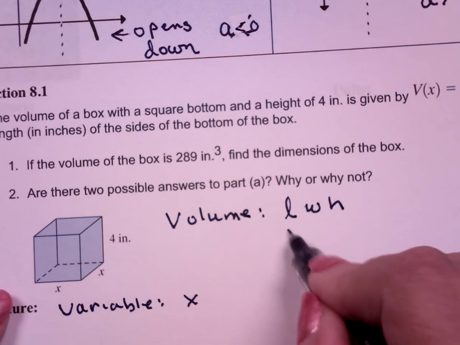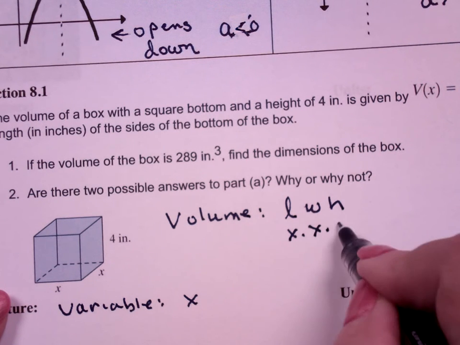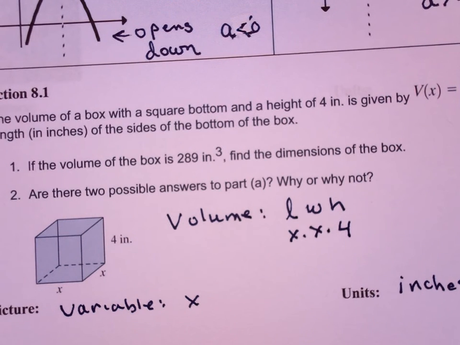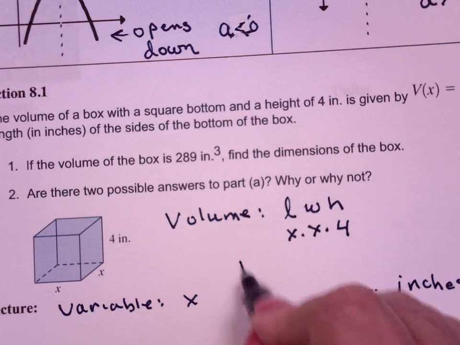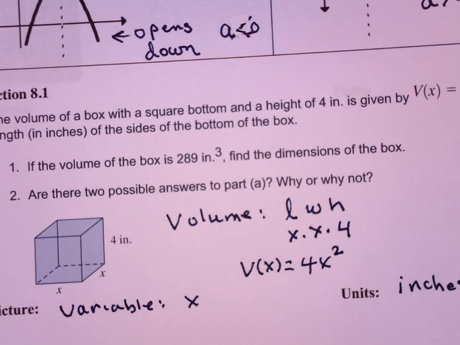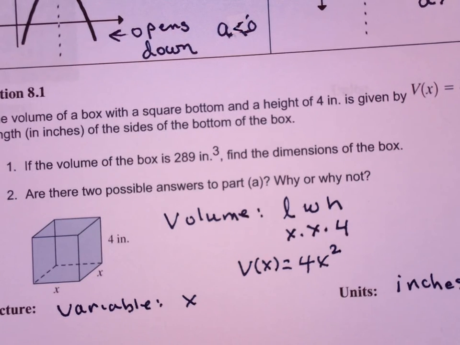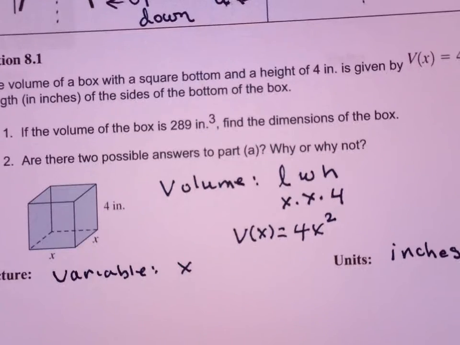The length is x, the width is x. It's the area of the base times the height, which is 4. So that's where they came up with the volume being 4x squared. It's like the volume of this room is the area of the floor times the height. That would be the volume of any rectangular object, and a square is a special case of a rectangle.